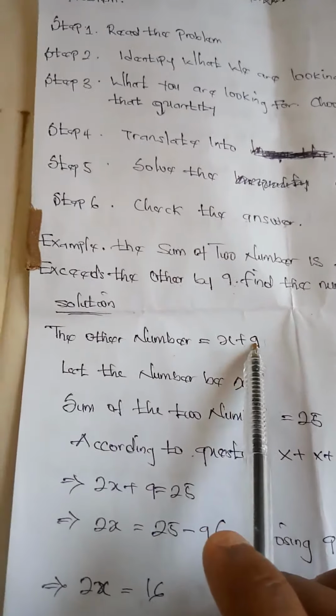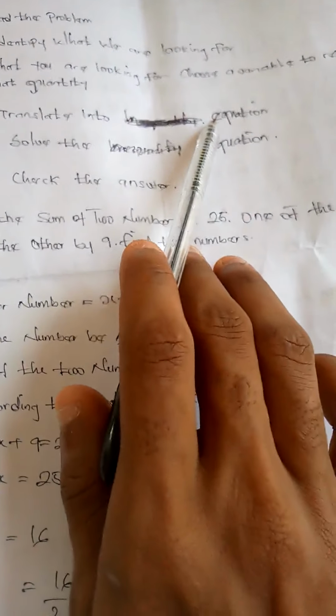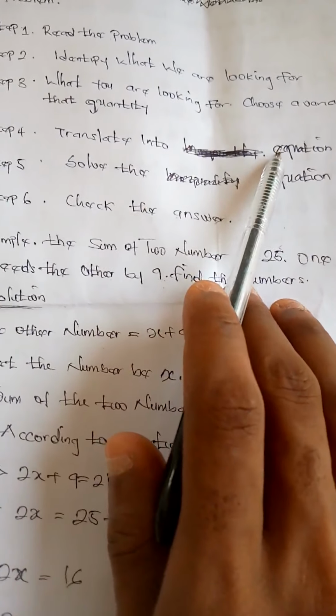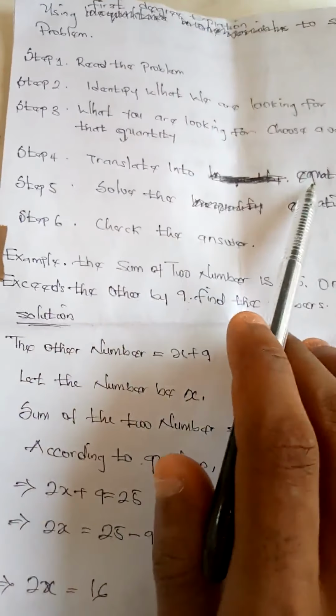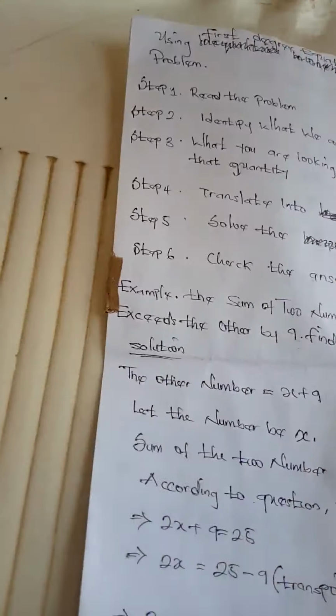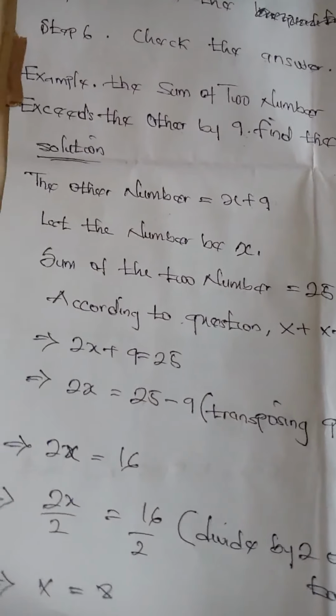So now we are going to translate. That is step 4, translate into an equation. According to the problem, x plus x plus 9 equals 25.